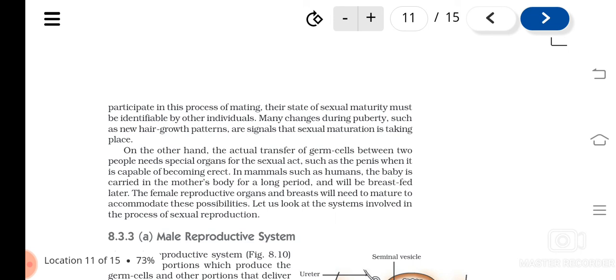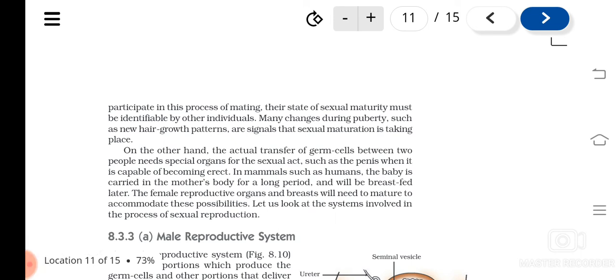At the same time, the changes that happen in the body should be identifiable also. So actually nature is preparing the body for sexual reproduction. This is the reason why different changes happen during adolescence, or the teenage period.